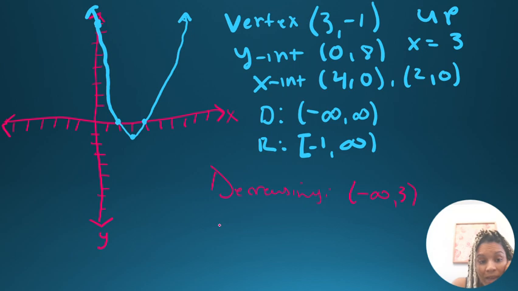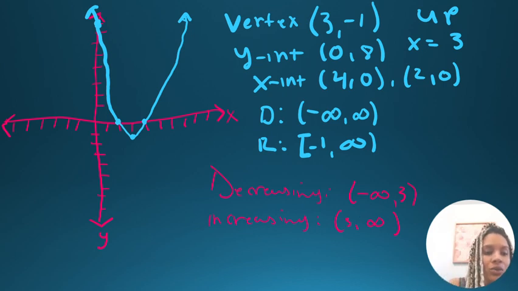And then it's increasing from 3 all the way to positive infinity. Again, what is happening to the y values as I go from the left to the right?